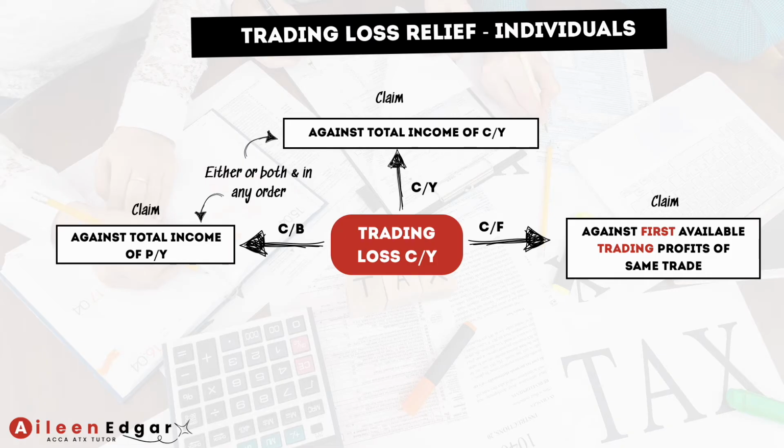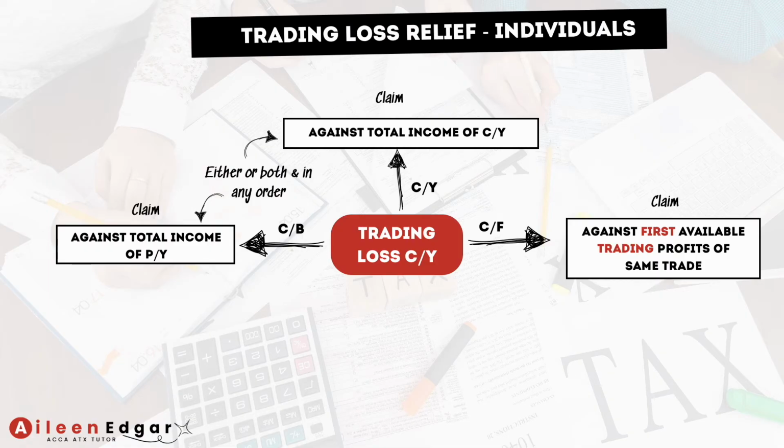So we saw with companies, if they wanted to carry their trading loss back to the previous year, they had to set it off against the current year's total profits first of all. Individuals don't have to do that. If they want to take their trading loss from the current year and use it against the prior year, they can just do that. They'll set it off against total income of the prior year. If there's any trading loss left over, they can choose, if they want, to set it off against total income of the current year.